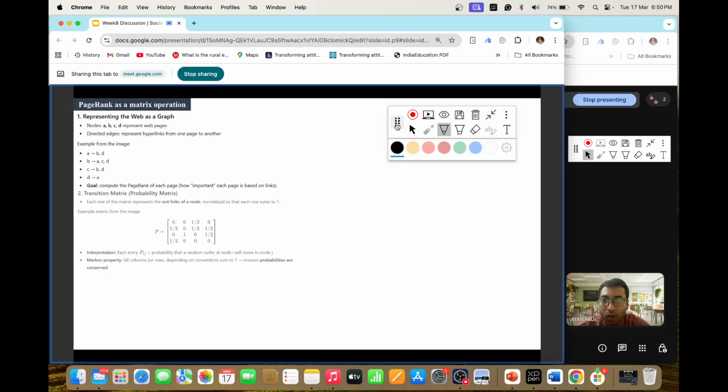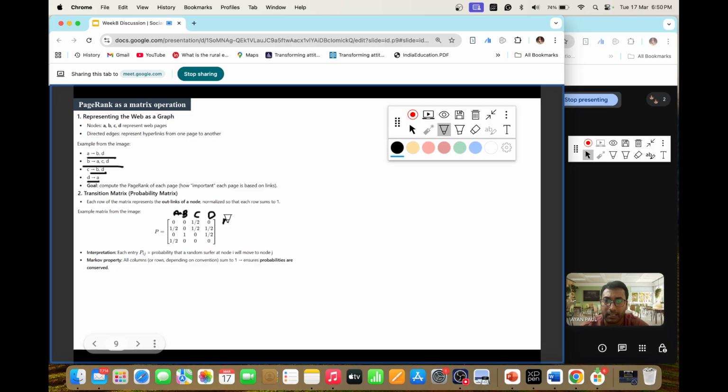Now PageRank as a matrix operation. This is our last topic. Let's take an example. A follows B and D, B follows A, C and D, C follows B and D, and D follows A. Again, as I told you, the rows are the source and the columns are the target.